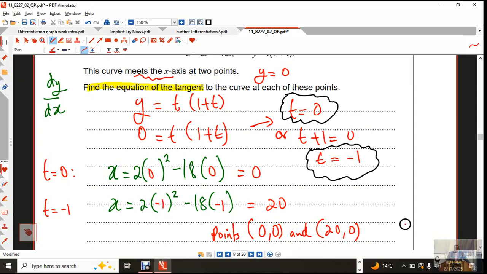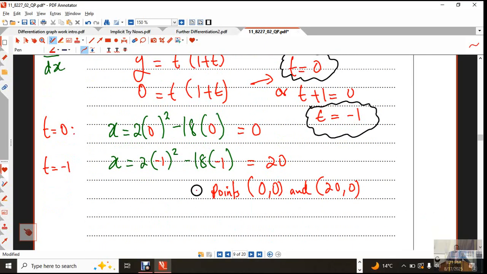Why are these points important? Well, I'm going to use these points when I am finding the equation, because you are told that you need to find the equation. For you to find the equation, this is normally the formula that we will be using.